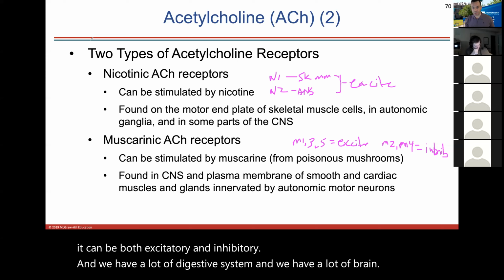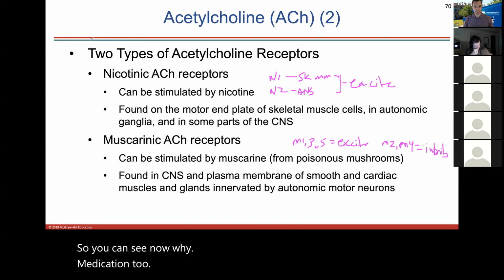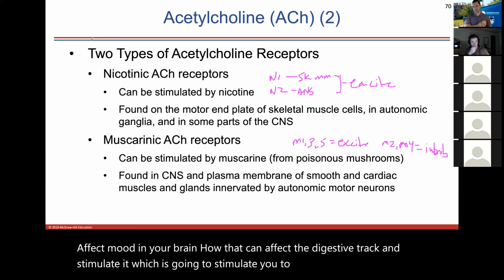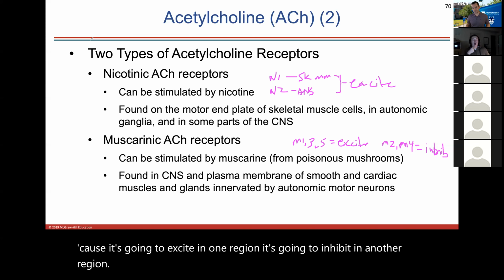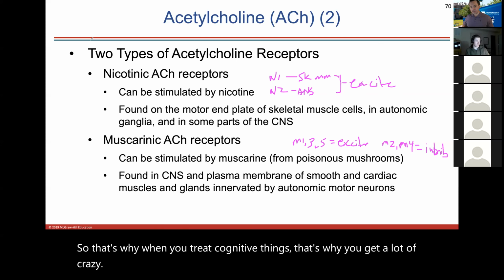So you can see now why medication to affect mood in your brain can affect the digestive tract and stimulate it, which is going to stimulate you to eat. Because it's going to excite in one region, it's going to inhibit in another region. So that's why when you treat cognitive things, you get a lot of crazy, various different symptoms.